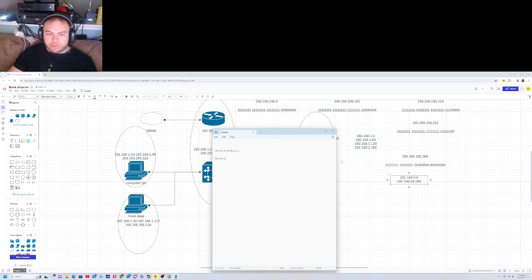Let's say we have 4 zeros. You take 2 to the power of the count of zeros. So 2 to the power of X, which is your count of zeros. That tells you how many possible IP addresses you can have. But to know the number of devices you can have, you also have to subtract 2. That's how you calculate your range and also the number of devices in your network.